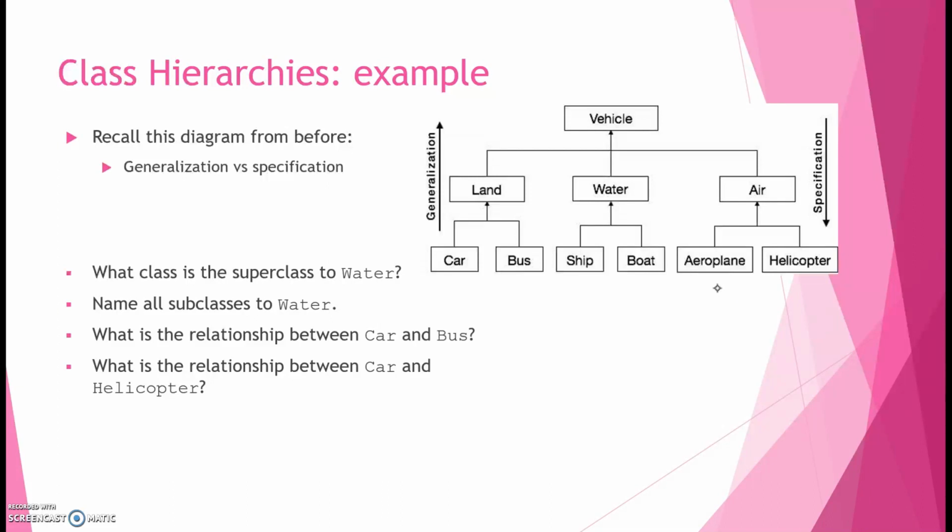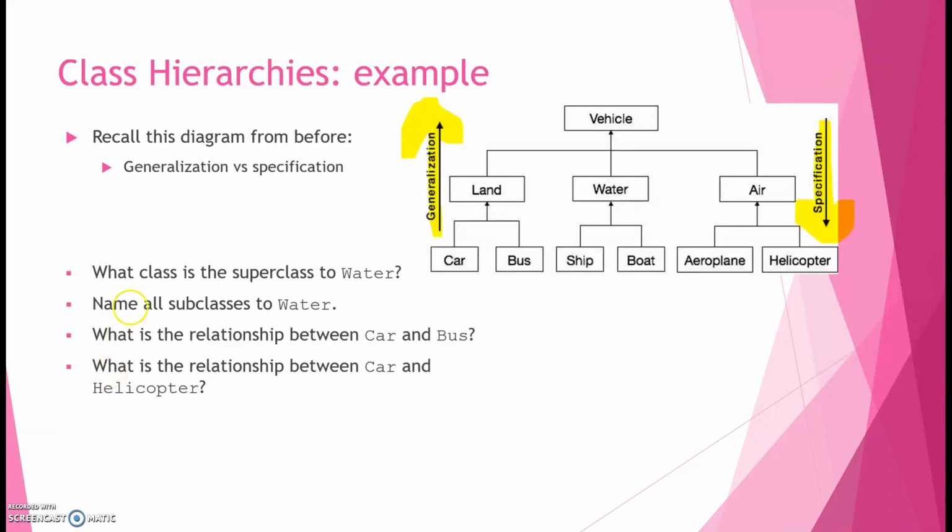So when we look at this, we can see that the class directly above it is its superclass. The class or classes directly below it are its child classes. And if two classes have the same parent, they are siblings. Also notice that the more you go down the chart, the more specific you get. And the more you go up the chart, the more generic you get.